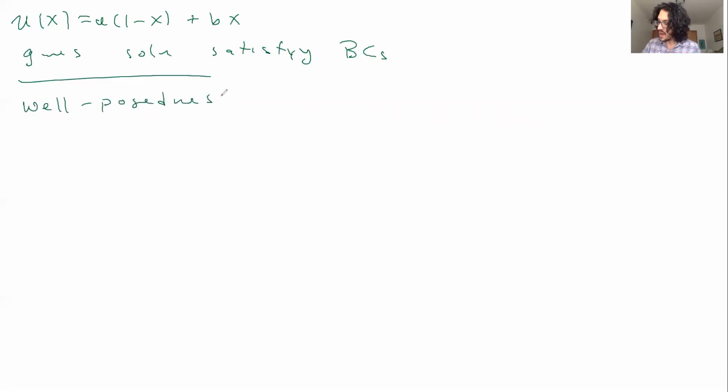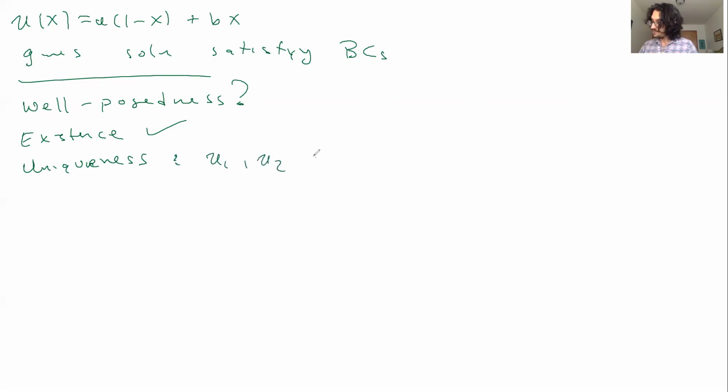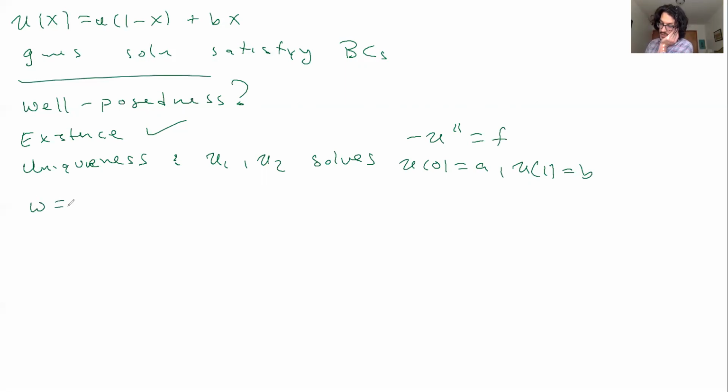But what about the other aspects of well-posedness, right? We already have existence, right? So let's try a crack at uniqueness, okay? So U1 and U2, let's say they solve our Poisson equation with inhomogeneous Dirichlet boundaries. You know where we're going with this, I hope.